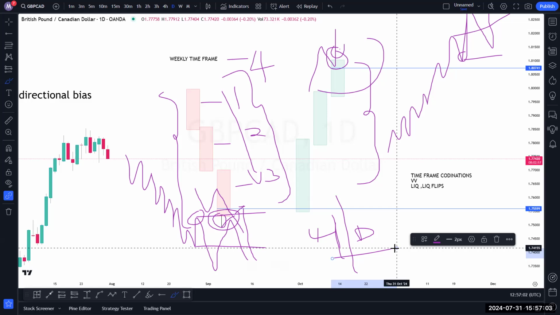Are we together? That's how we use the structure-based direction bias and scale in our entries. Okay, so now let's see some examples on how to get entries based on this structure-based direction.